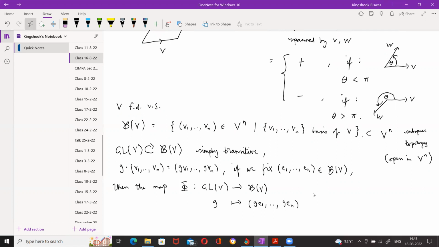Because the action is simply transitive, this map is onto and one-to-one, right? Yes? And it's easy to see it's continuous and the inverse is continuous. Therefore, this map is a homeomorphism.